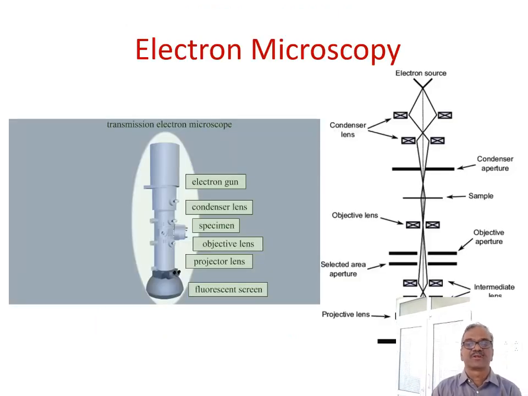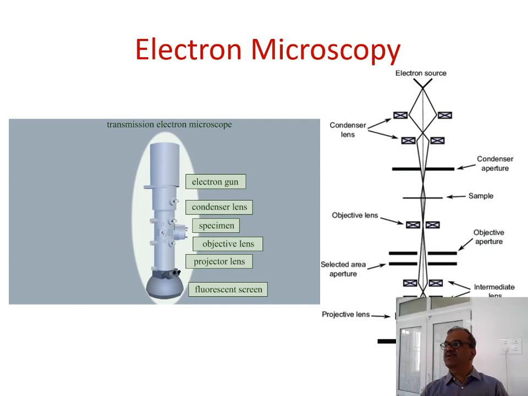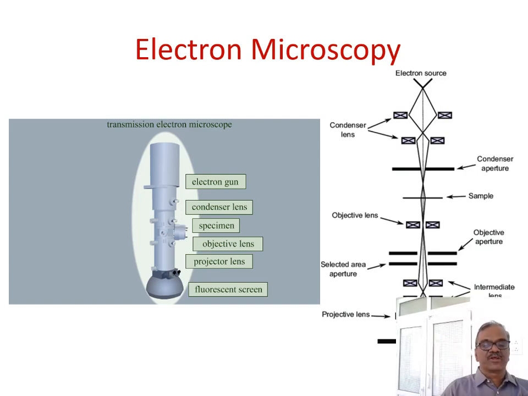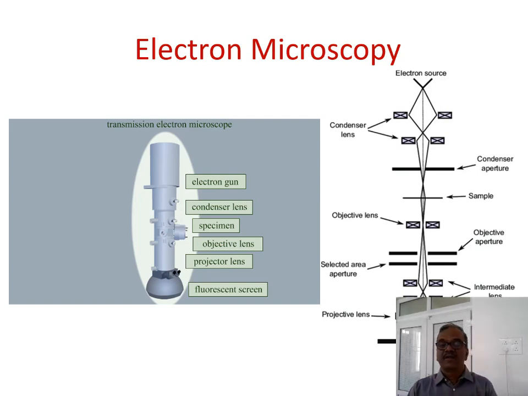What is the principle of transmission in the electron microscope? What is the difference between light microscopy and electron microscopy? In electron microscopy, the electron gun is present, which is the source, and then the condenser lens and condenser aperture, through which the rays come and hit the sample.